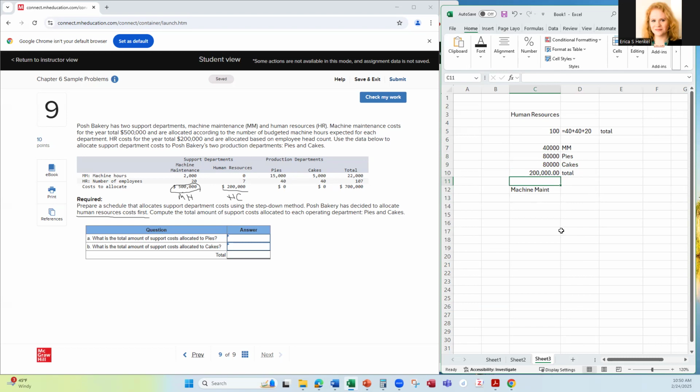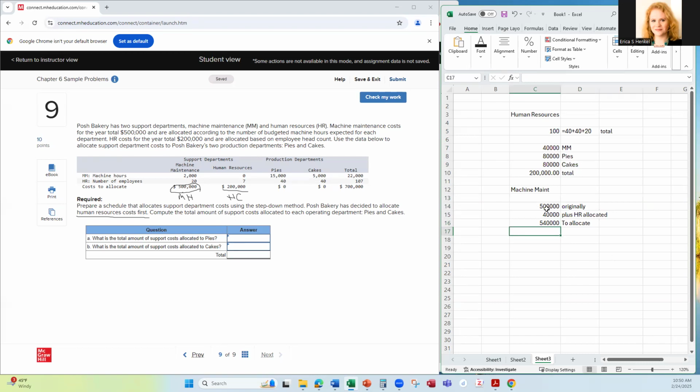Okay, now though, machine maintenance originally had 500,000 plus we have the HR allocated that came to them, right? So the HR part that came to machine maintenance was 40,000. And so that means we need to allocate out 540,000. Okay, not just the original 500,000.